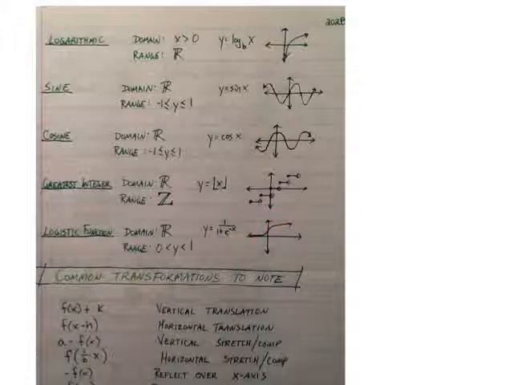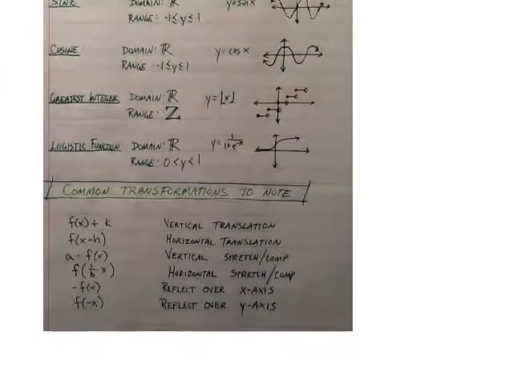I also wanted to hit on some common transformations to note. We do have a skill in a couple more that we really focus on transformations and looking at an equation and describing what type of transformation, or looking at a graph and coming up with the equation. But if we add a number to the end of that, that's a vertical translation.